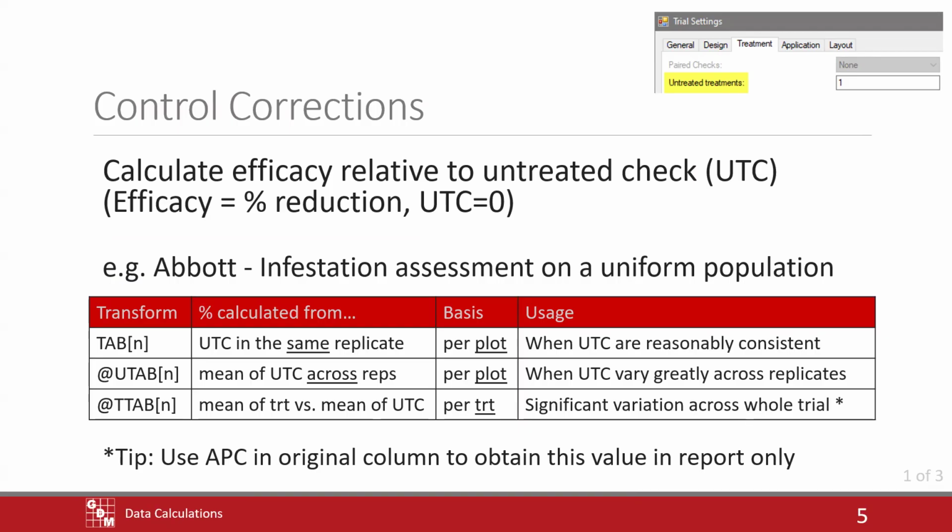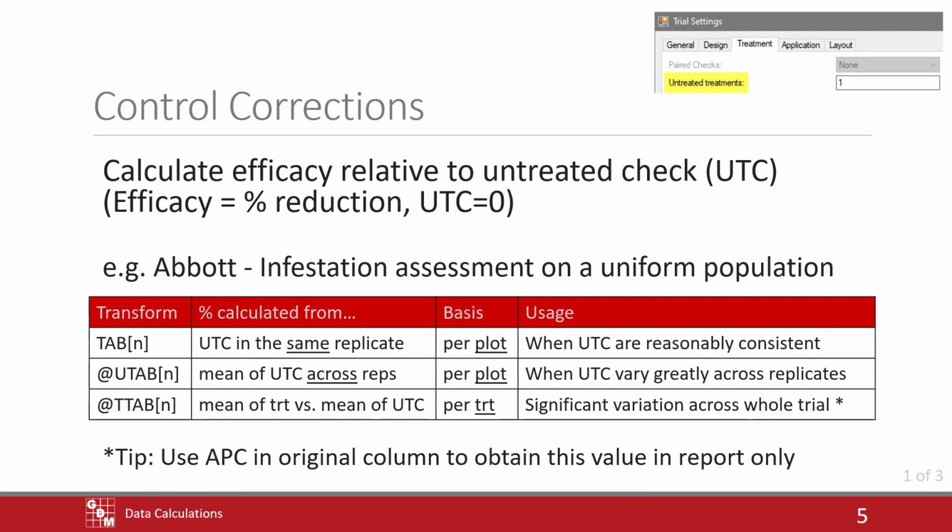Efficacy is really calculating your percent reduction. Your check is always calculated as 0% relative to itself. We got nothing. And then for all of the other treatments, what is the percent reduction? Did we eliminate the pest, prevent some sort of damage, things like that.